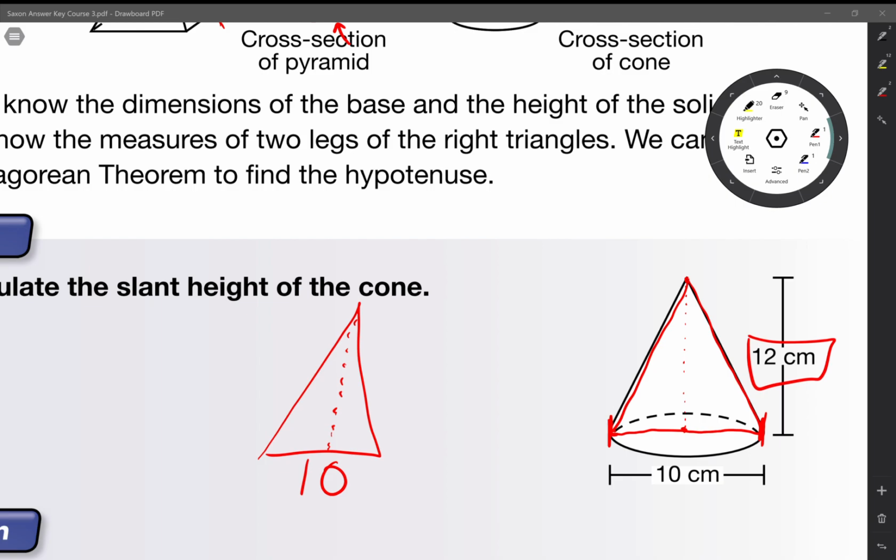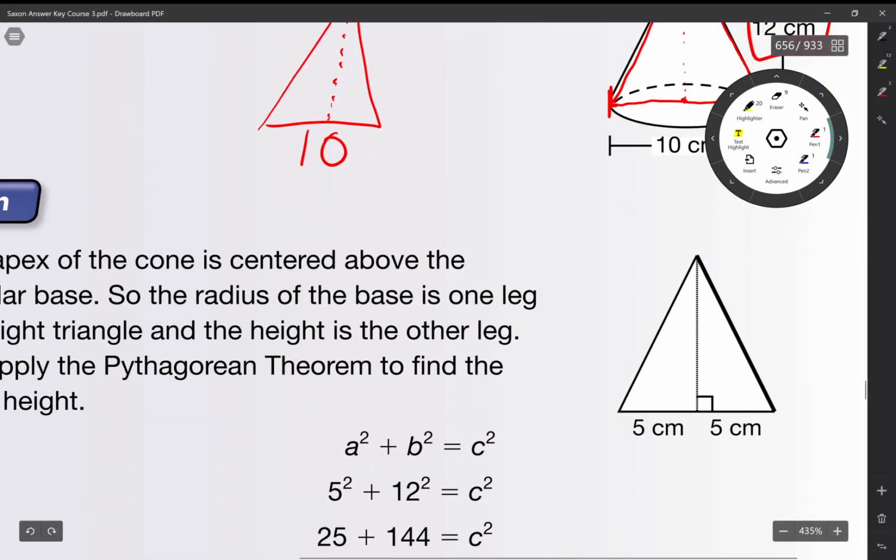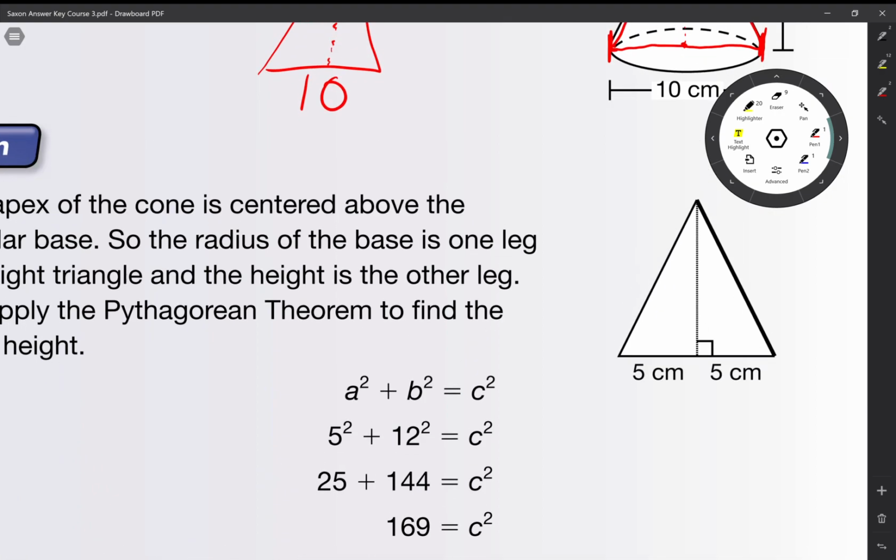All right, let's go down to what they did. So they took that cross section of the 10 centimeters and cut it in two because our height line cuts it in two. And we're only interested in 1/2 of that triangle.